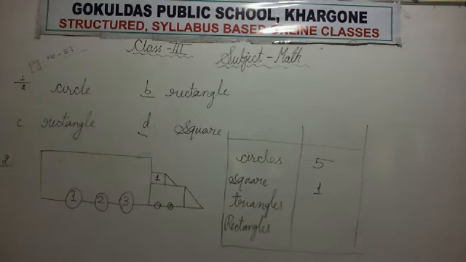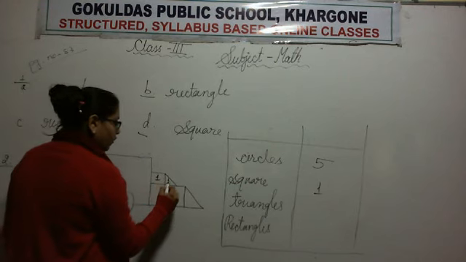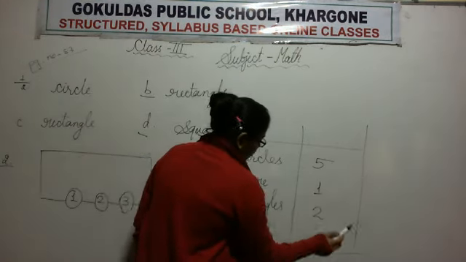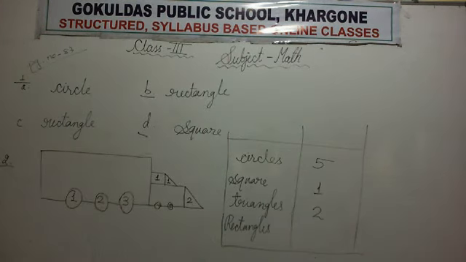Triangle. So 1 and 2. There are two triangles. So in front of triangles we will write 2.